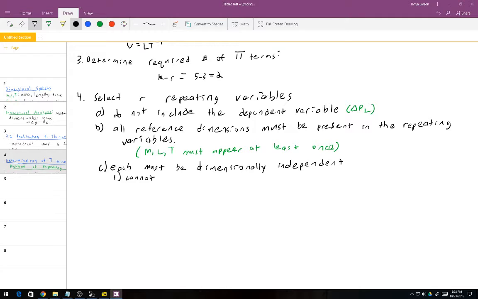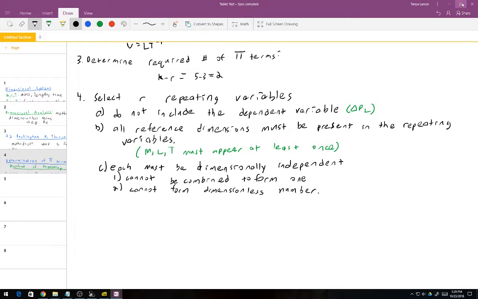In other words, we can't combine our repeating variables together to cancel each other out, essentially. They're not equivalents of each other. Or our repeating variables cannot form a dimensionless number. So I shouldn't be able to manipulate them in order to form a dimensionless number.